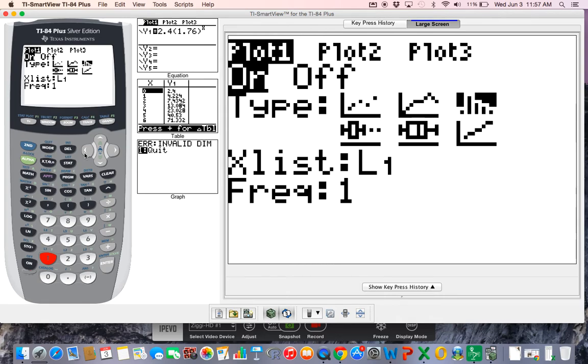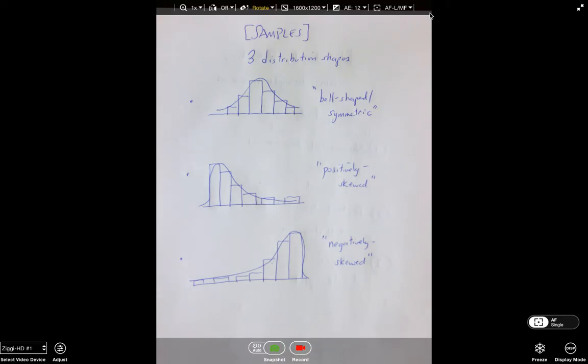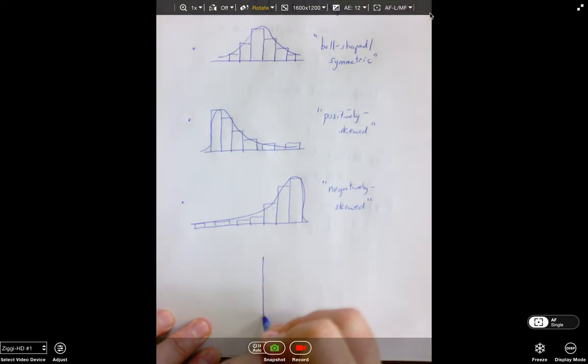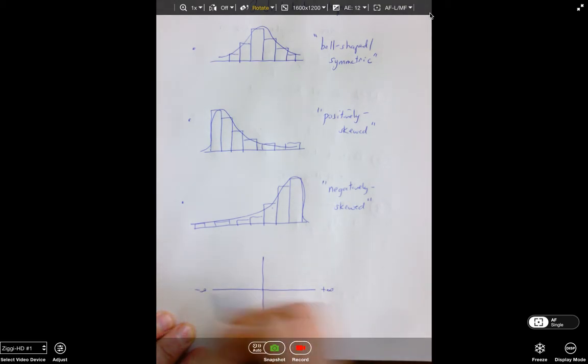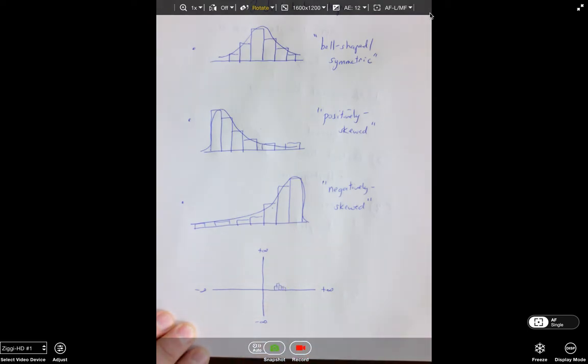Now, what happens right now is your calculator already has this histogram drawn. But right now, it is looking at the domain and your histogram is somewhere right there.